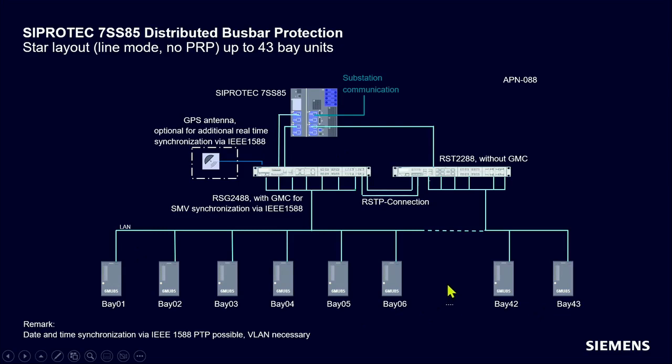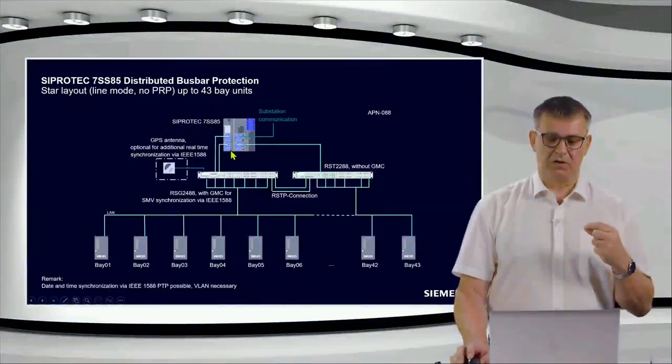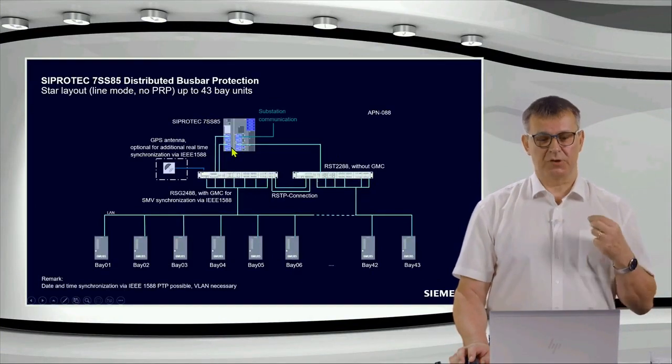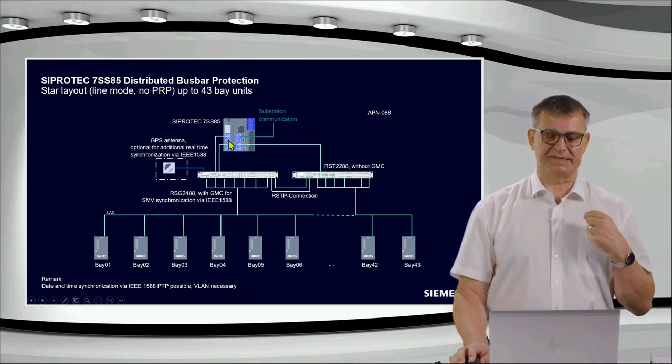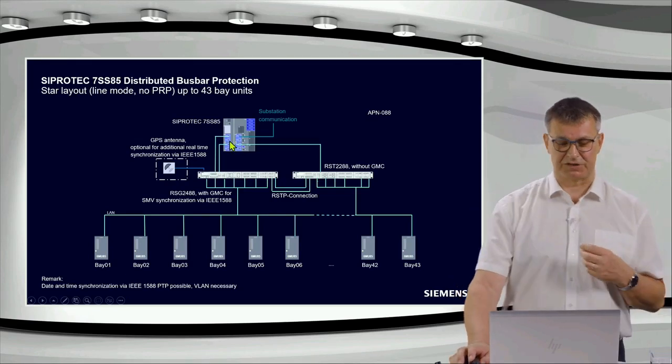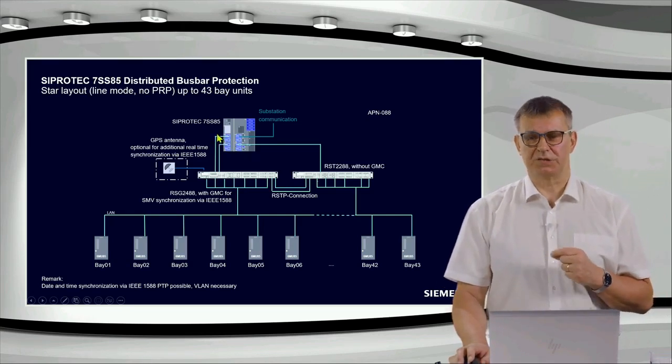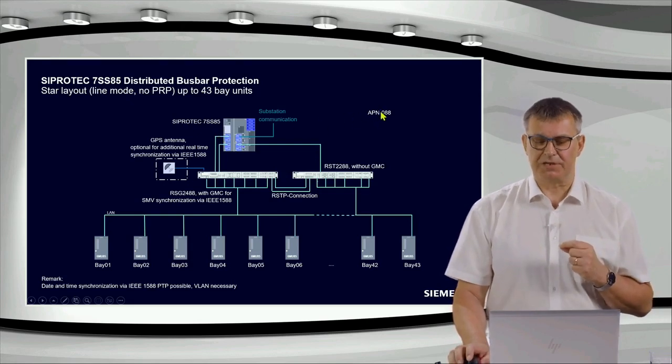To ensure a clear separation, so that only standard measured values from a maximum of 16 bays reach the dedicated PD modules, we need a VLAN configuration, to avoid an overload of these Ethernet PD modules, which are 100 megabit communication modules designed for a maximum of 16 transformers. This VLAN configuration is described in detail, and very well, in application note 88.